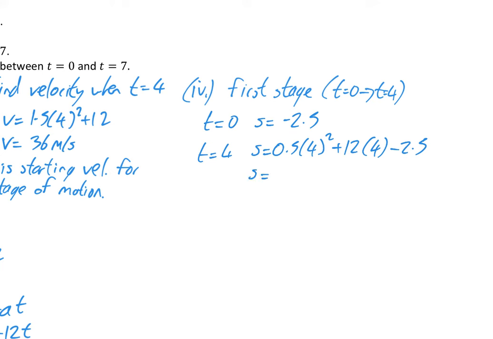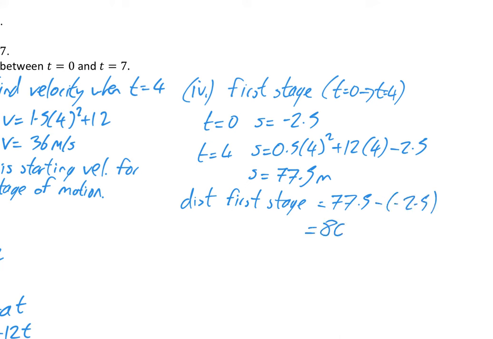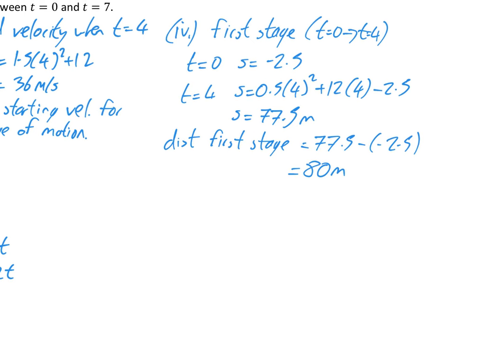So your S works out to be 77.5 meters. Okay, so we'll just work out our distance in the first stage then. Is the difference between those two things, so 77.5 then minus 2.5, which works out to be a nice number of 80 meters.